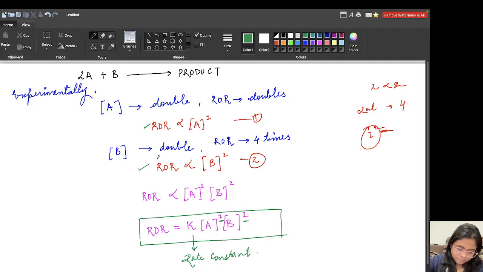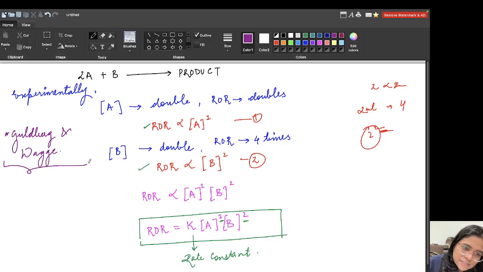Now there were two scientists, Guldberg and Waage. The whole theory we'll study later, but just remember they were the ones who gave the law of mass action.